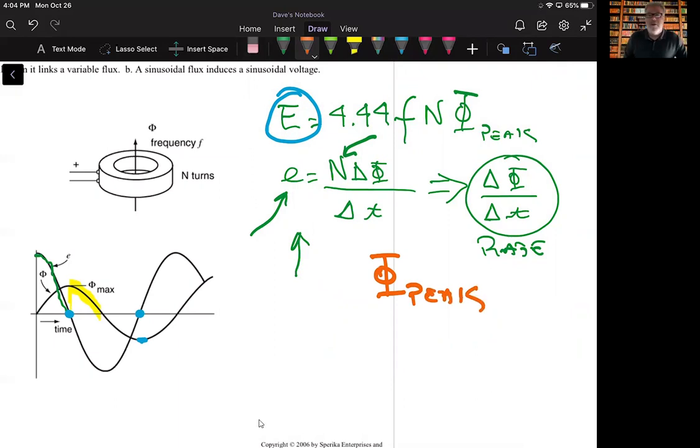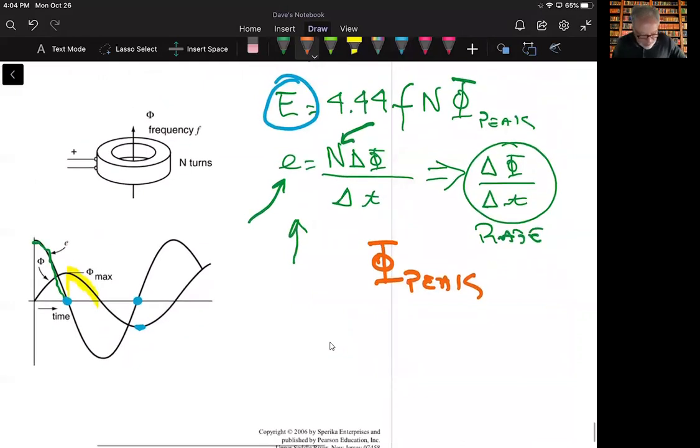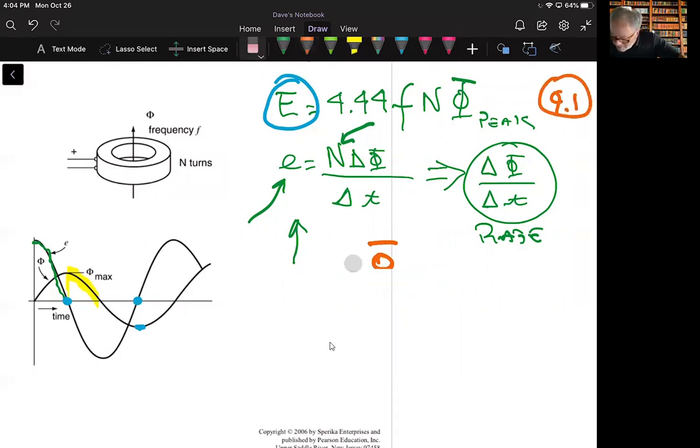Now, let's look at a little simple problem and we'll be done with this section. We'll just apply equation 9.1. This is one of those plug and go kind of problems. This is example 9.1.